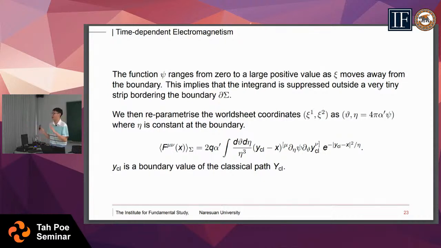Here, you can see that this coordinate can be viewed as like the polar coordinate in the worksheet, where the theta here is an angular-like coordinate, and the eta here is the radial-like coordinate, where eta is equal to 0 at the boundary and infinity at the middle of the worksheet, right? Imagine that.